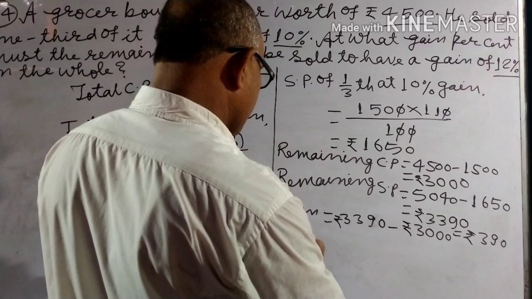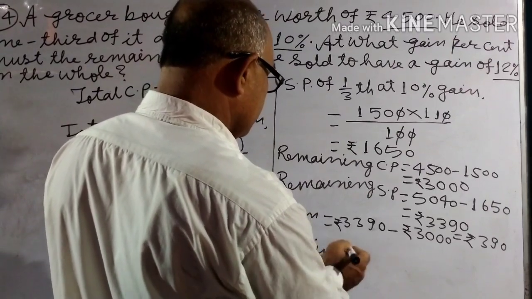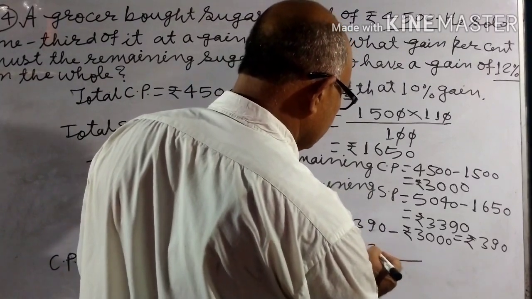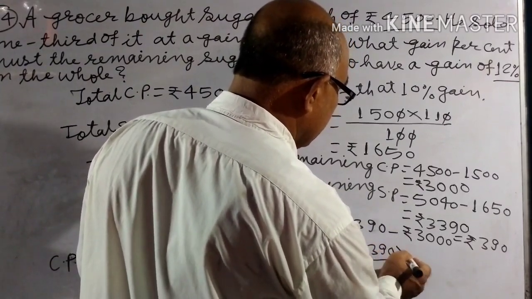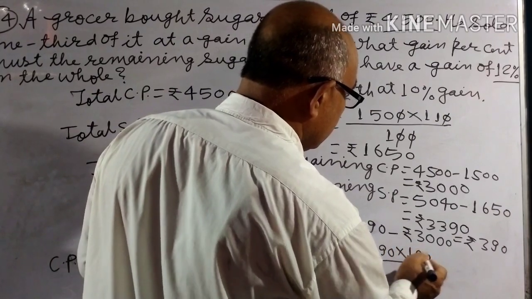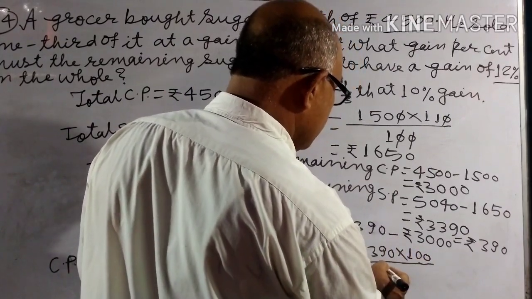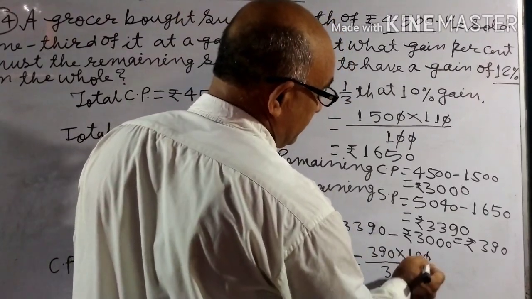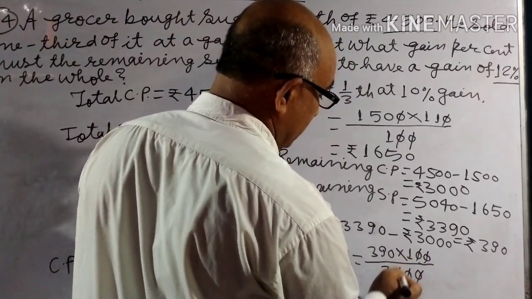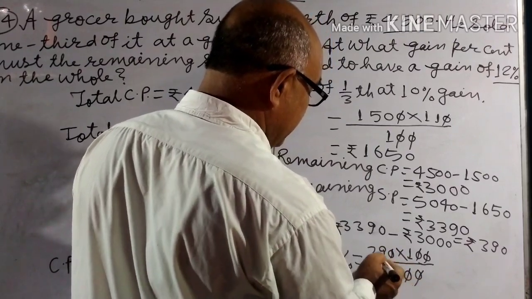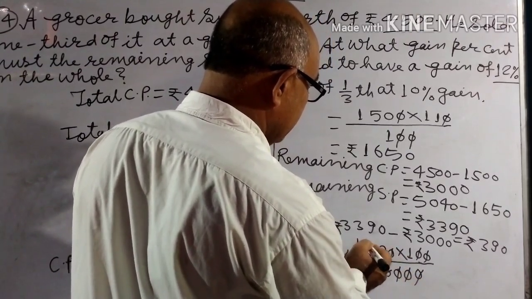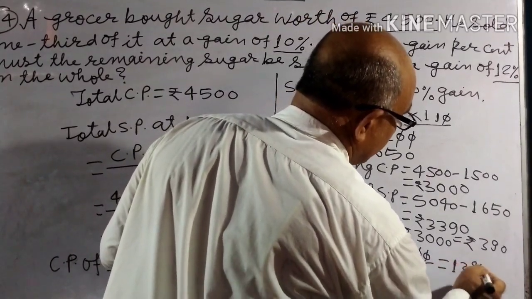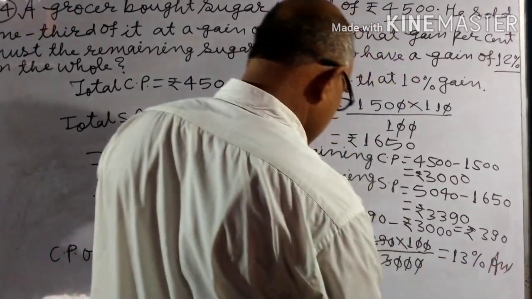Now gain percent equals gain into 100 by CP. 390 into 100 by 3000, 1 0, 1 0, next 0 and third 0, and 13 threes are 39, so 30% answer.